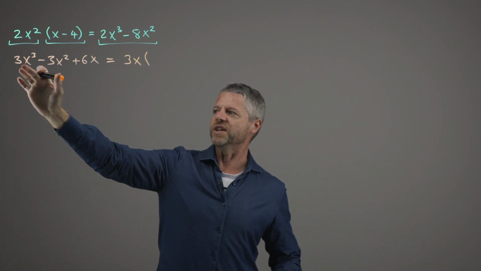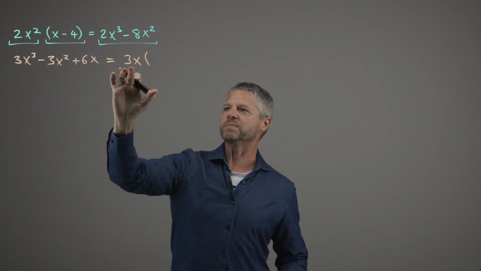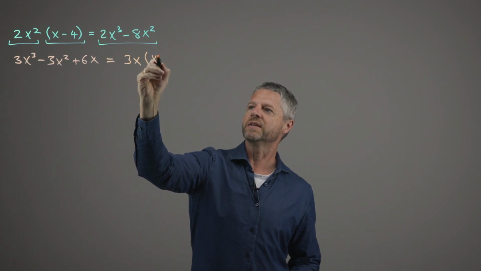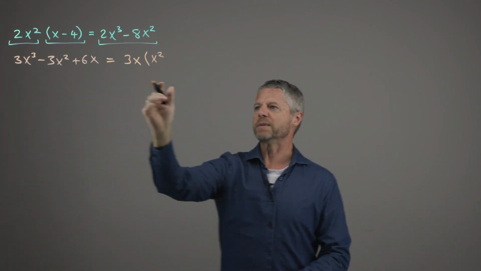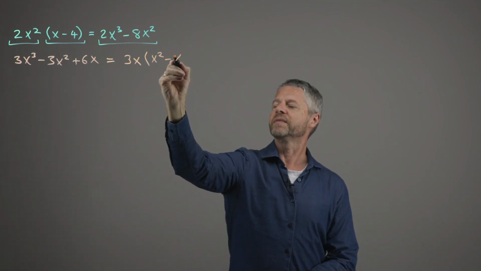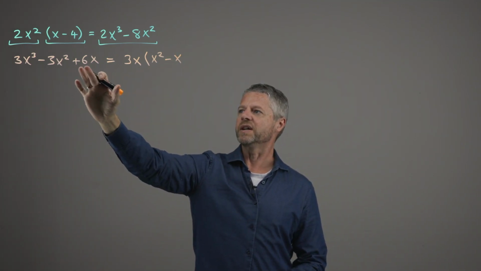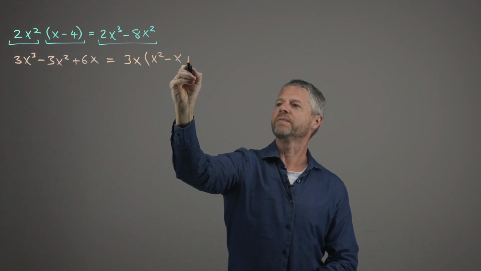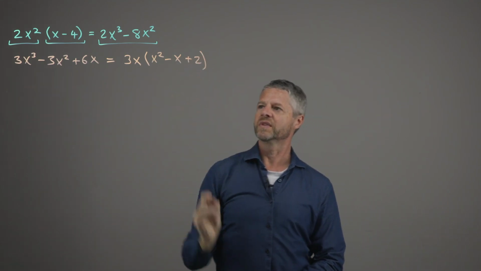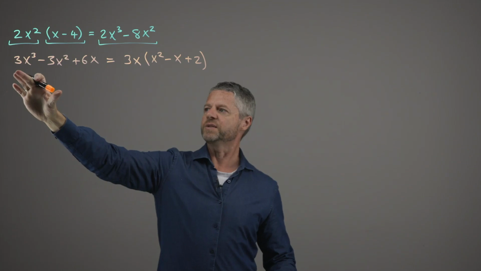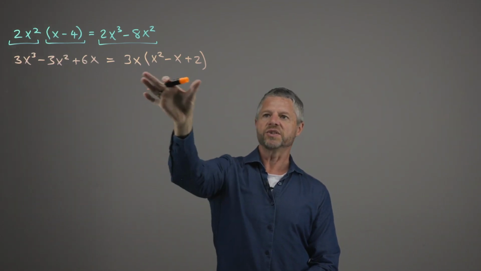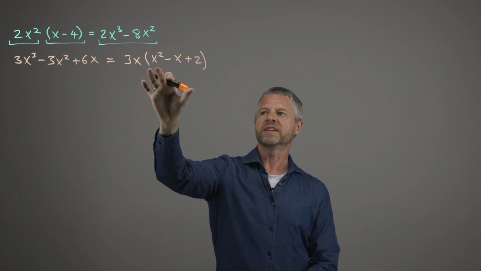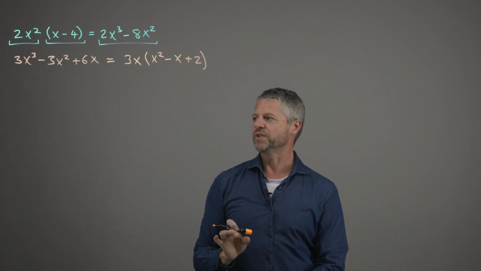To get the first term, I'm going to have to multiply 3x by x squared. To get the second term, I'm going to have to multiply by minus x. And for the third term, I need to multiply by 2. So I factored this polynomial 3x cubed minus 3x squared plus 6x into two factors, 3x and x squared minus x plus 2.